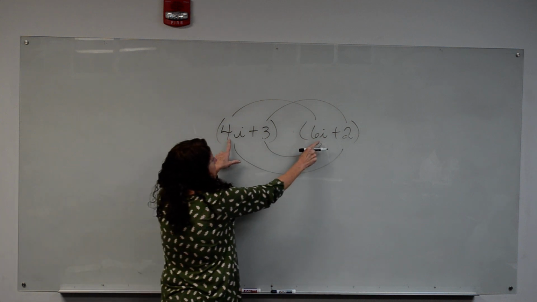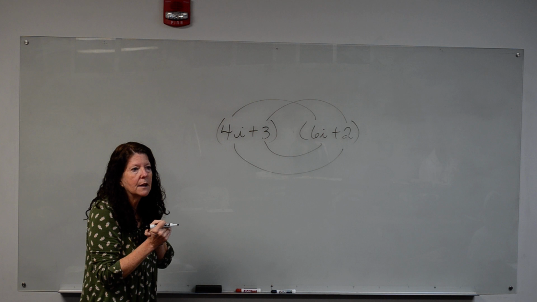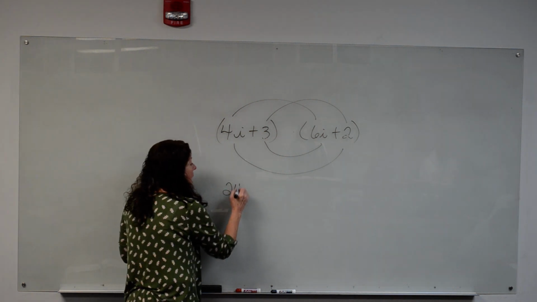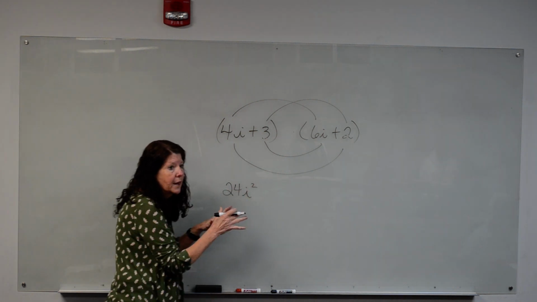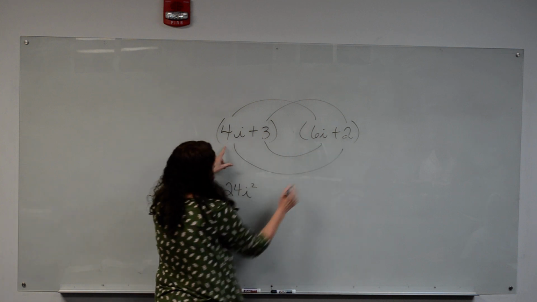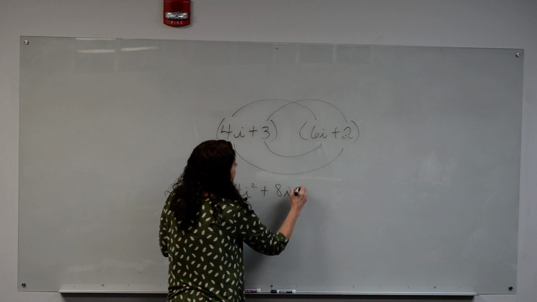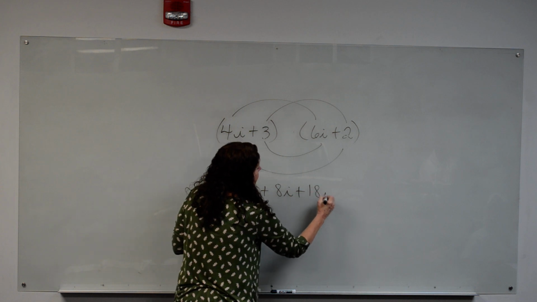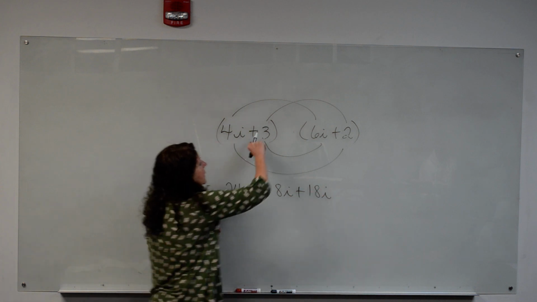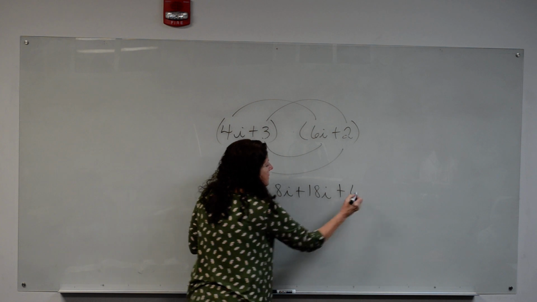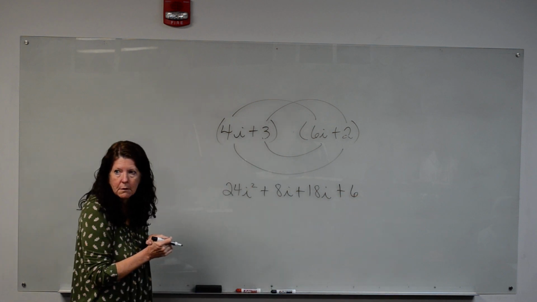Okay? 4i times 6i, what is that? 24i squared. Now I'm going to leave that squared there for now. Outside is going to give me 8i. Inside is going to give me 18i. Last is going to give me 6. And then you combine.